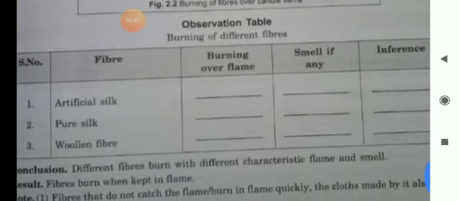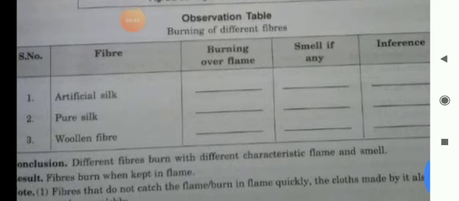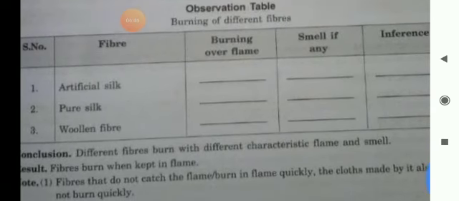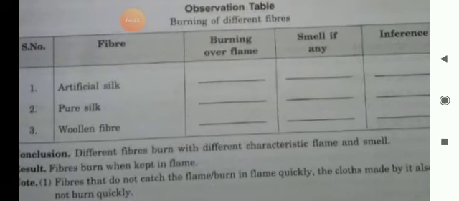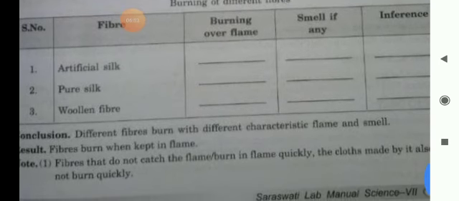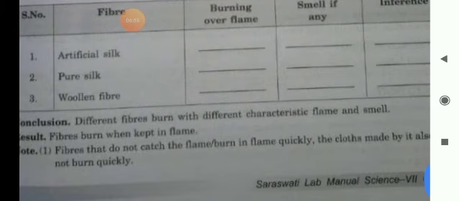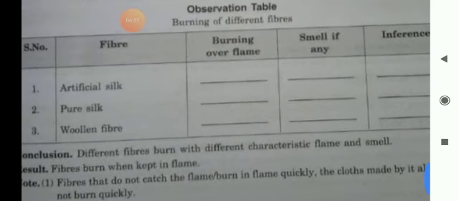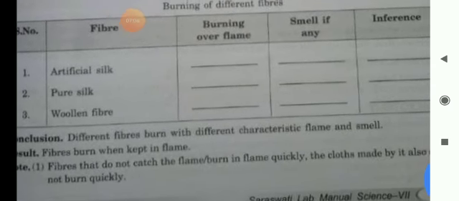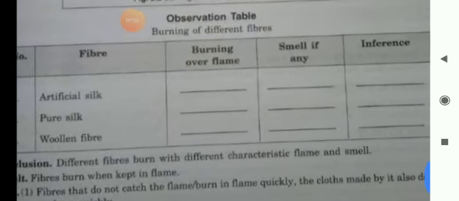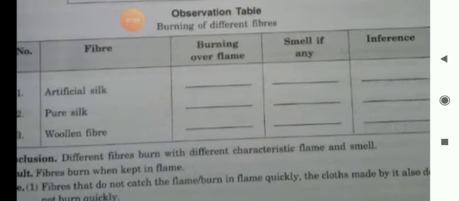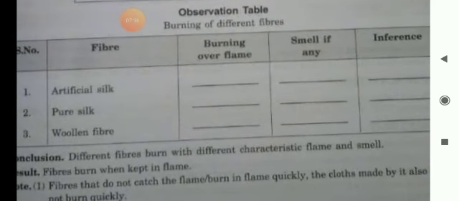See here the observation table: burning of different fibers, artificial silk, pure silk, and woolen fiber. We can do the same with other types of fibers also: cotton, synthetic fibers, rayon, nylon, etc. So, what you will observe: artificial silk, how it burns over the flame.